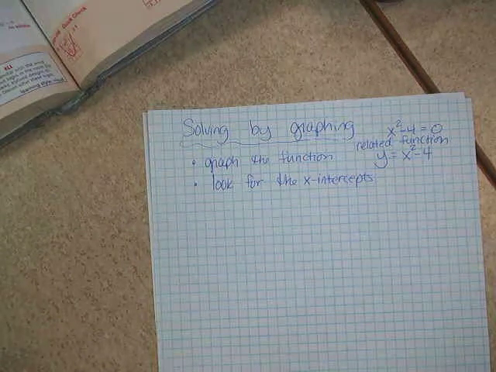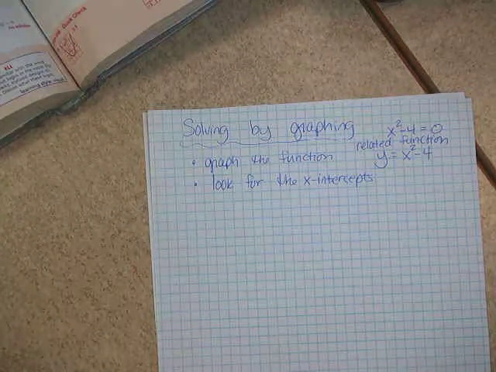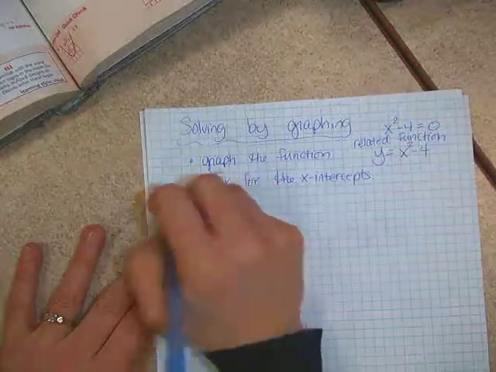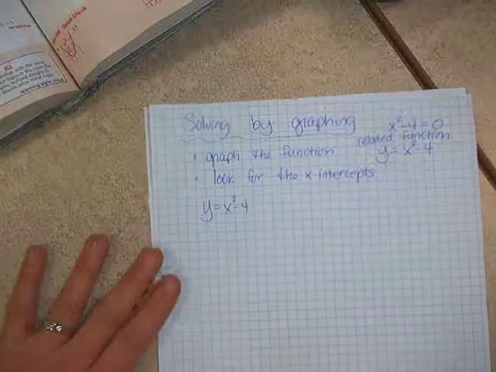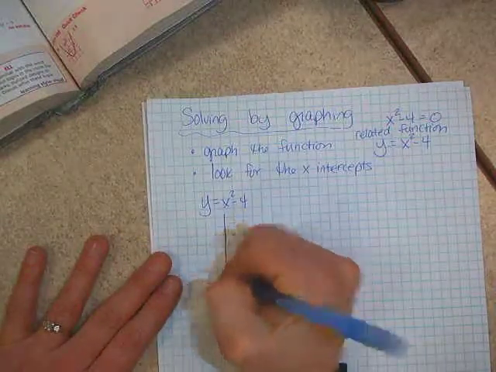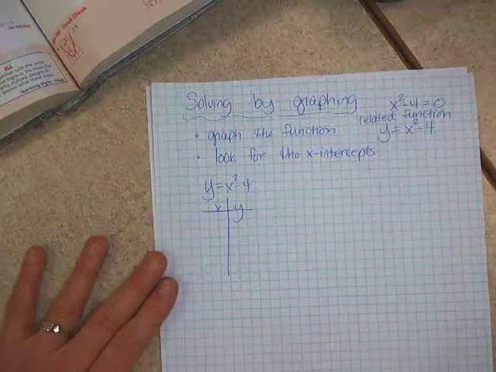So the thing to remember here is if you start your graph and the vertex is below and you haven't graphed enough points so that you have points above the x-axis, you need to keep going because we need that intersection. All right?